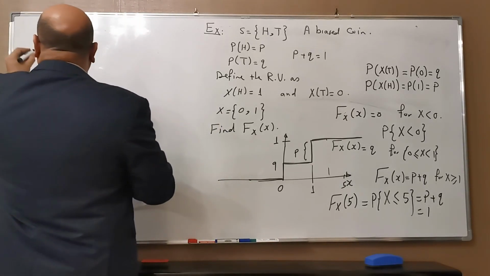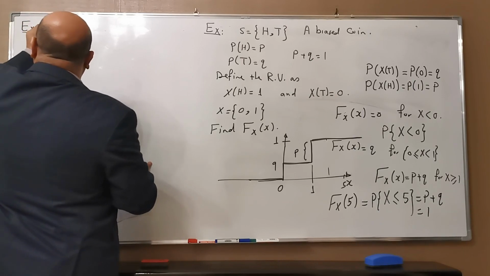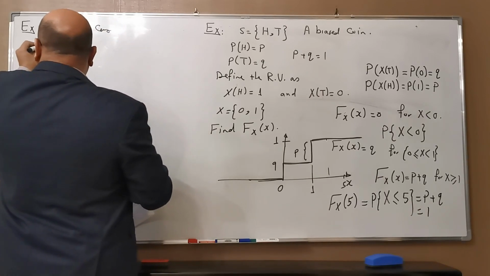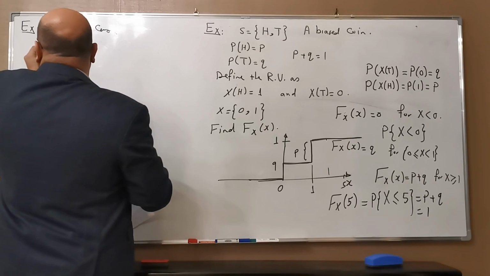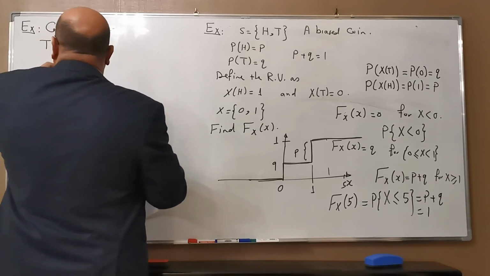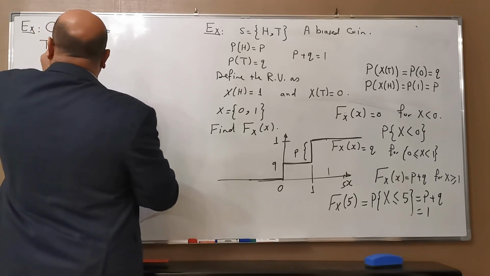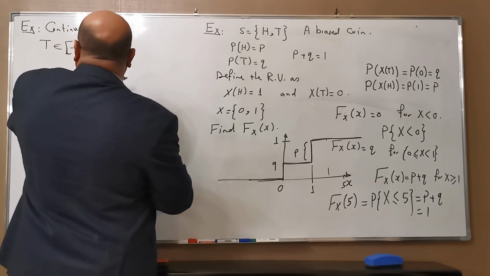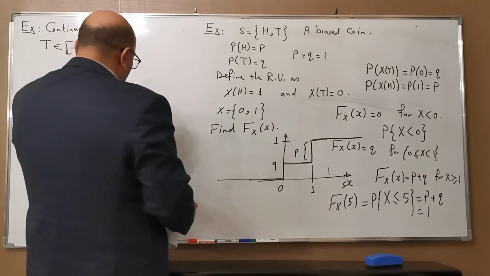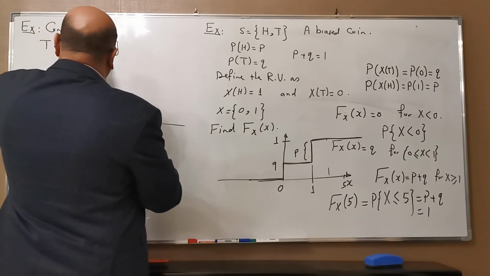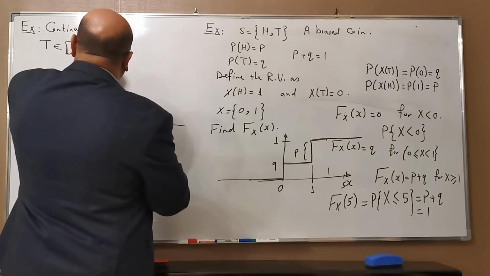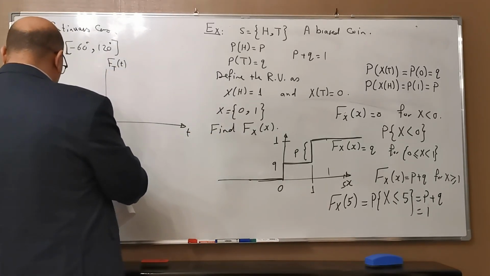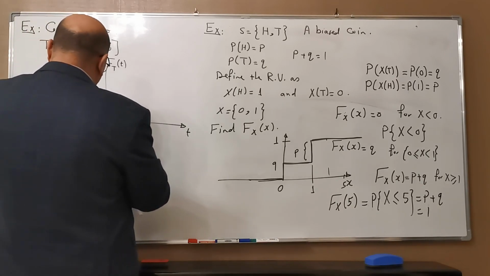If we take the continuous case, and we have x or t belongs to the period between minus 60 degrees until 120 degrees Fahrenheit, then we can say that if this is ft of t, and this is our t, at minus 60, it will start increasing.